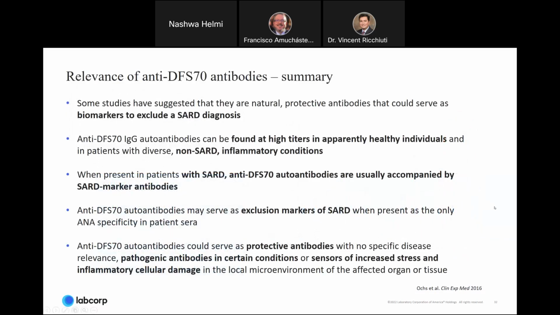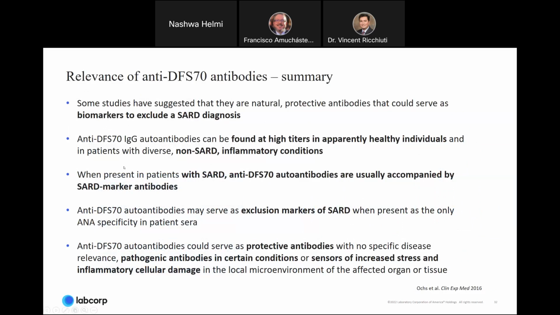So relevance of anti-DFS70 antibody, the summary of what we discussed here: some studies have suggested that they are natural antibodies, protective antibodies that could serve as biomarkers to exclude the systemic autoimmune rheumatoid diagnosis.